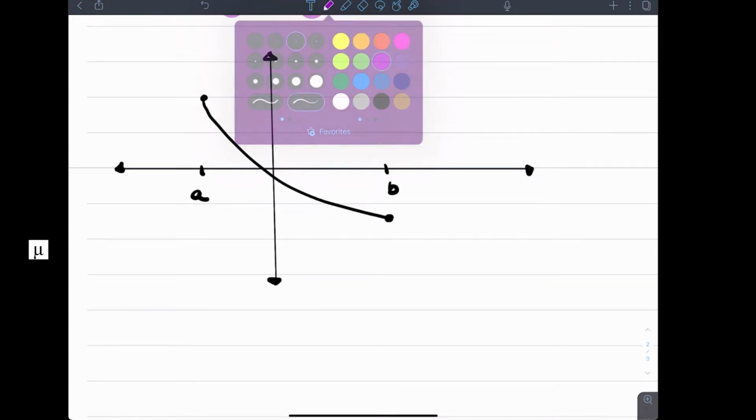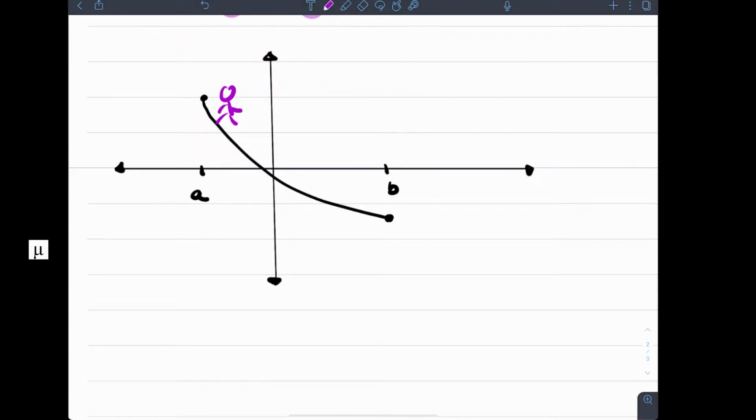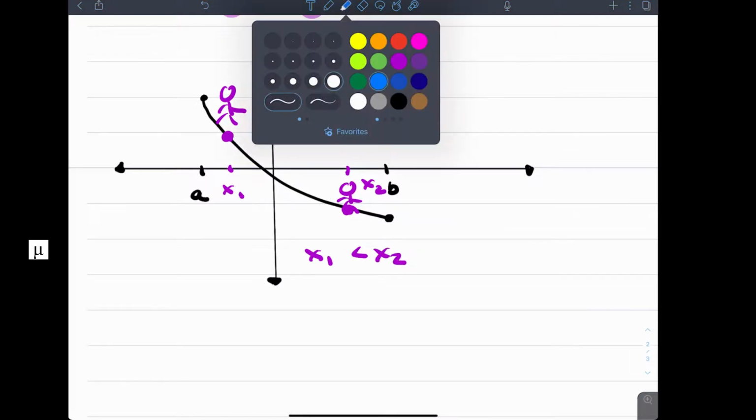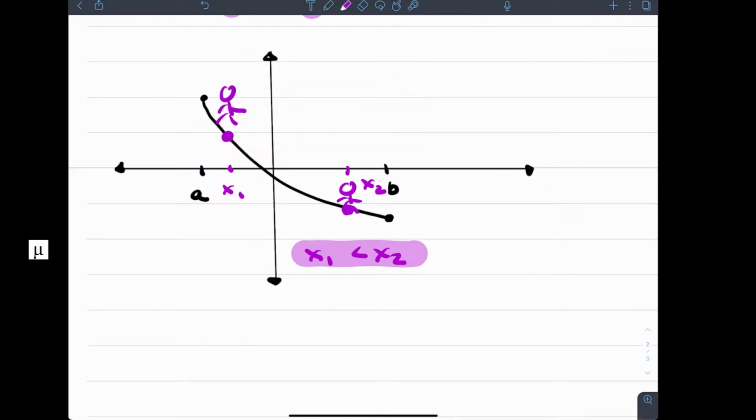Okay, how are you guys walking again on this thing? Left to right. Okay, x1 less than x2.